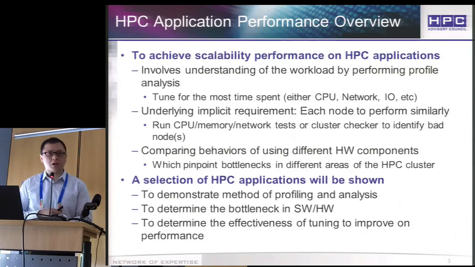So first of all, I'm going to talk to you about some of the application tuning that's involved and why we do that. In order to achieve the best application performance and scalability on HPC applications, it really involves understanding the workload by performing some profile analysis, right?